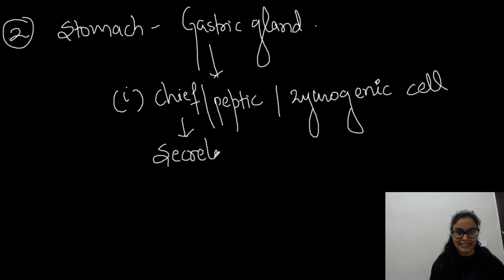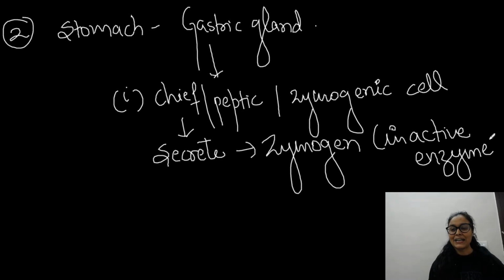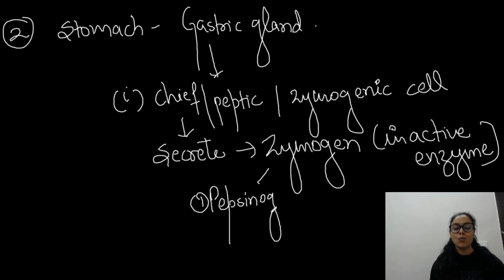It secretes inactive proteases, that is, zymogens. So wherever you see the term zymogen, it means an inactive enzyme. So what are those inactive enzymes? One is pepsinogen and another one is prorenin.